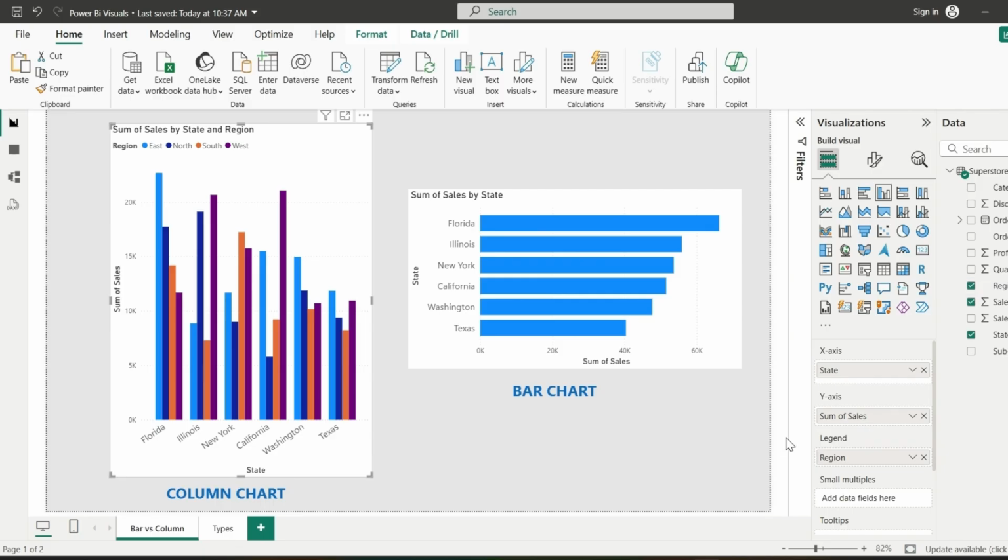Whenever we add a column into the legend, you can see how our x-axis got divided. For each state we can see all the regions, the legend we have added. For each state our bar got divided into four categories of regions. Now we can compare them easily. So here I just took a clustered column chart.